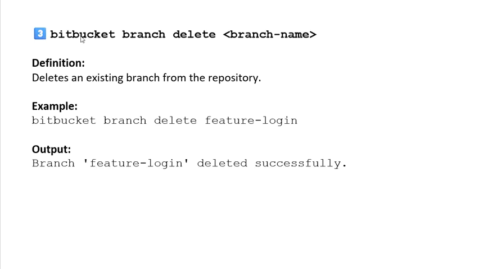Third is bitbucket branch delete with the branch name, which deletes an existing branch from the repository. The example is bitbucket branch delete feature-login, and the output is branch feature-login deleted successfully.